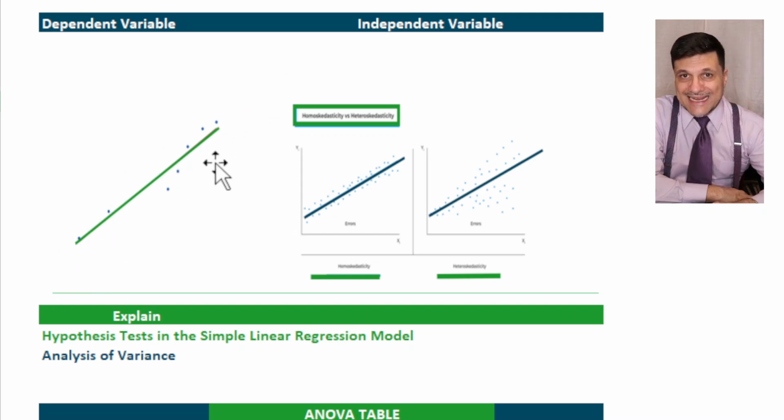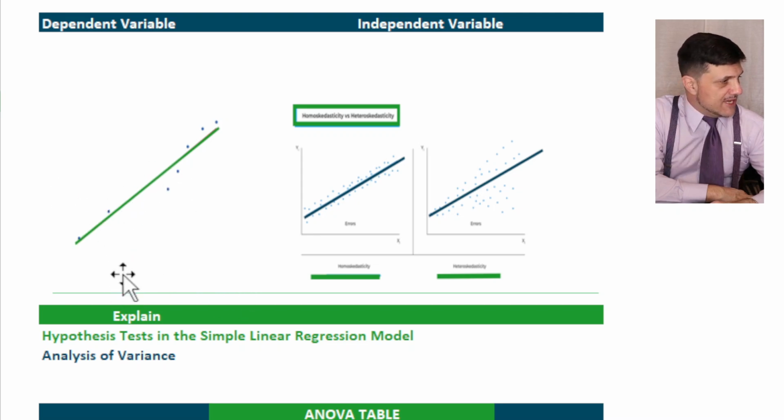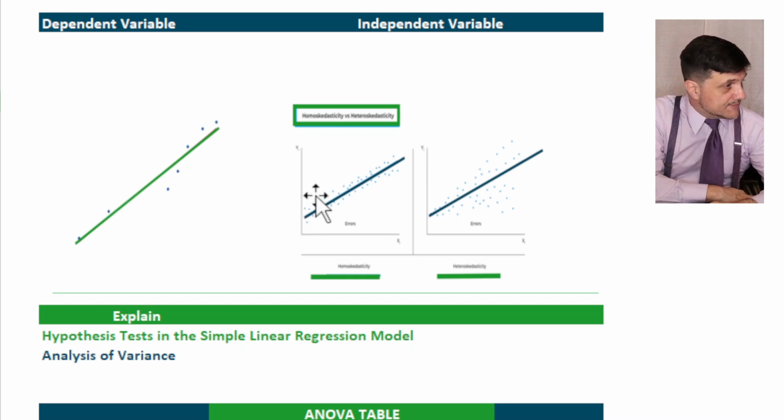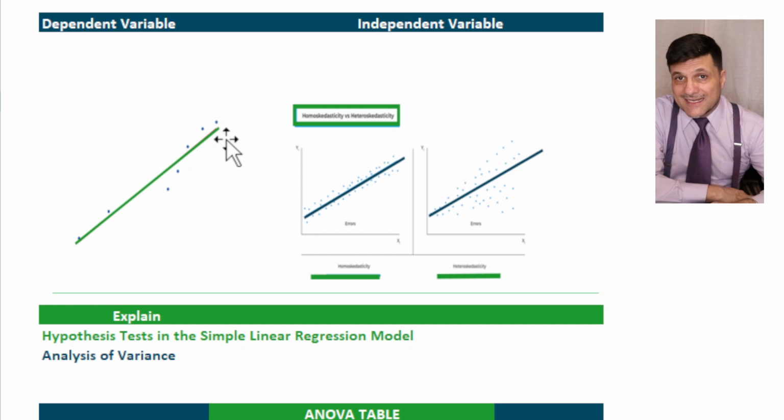That line explains the behavior of the x and y variables. So imagine the x on the x-axis and the y on the y-axis. Look at that. I have the x increasing and the y also increasing. That's what the line's telling me. Okay. Now on top of the line I have those little dots. Those dots are the real values, and the green line is the prediction value.